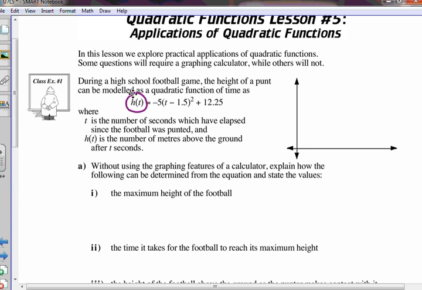That's your y. And in the context of the question, what does it stand for? Height. They even say it. Height, h of t is the number of meters above the ground. It's the height above the ground. And instead of x, what are we using? T, and t is the time in seconds. So h is in meters, t is in seconds. So that's something you want to keep straight, that they're using y as your height and x is the time. Okay?